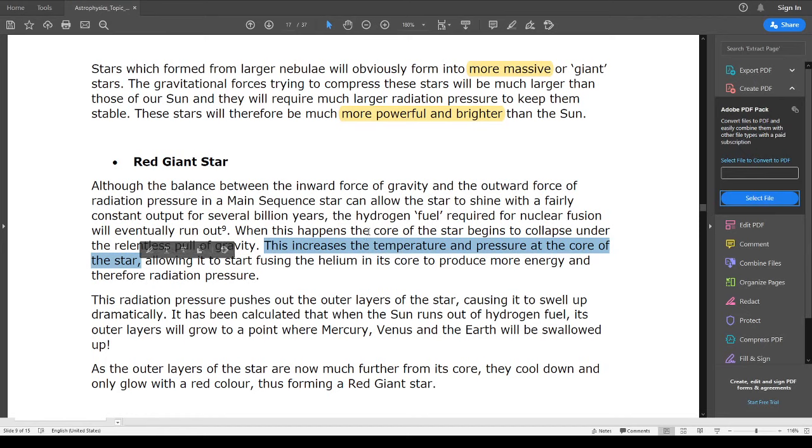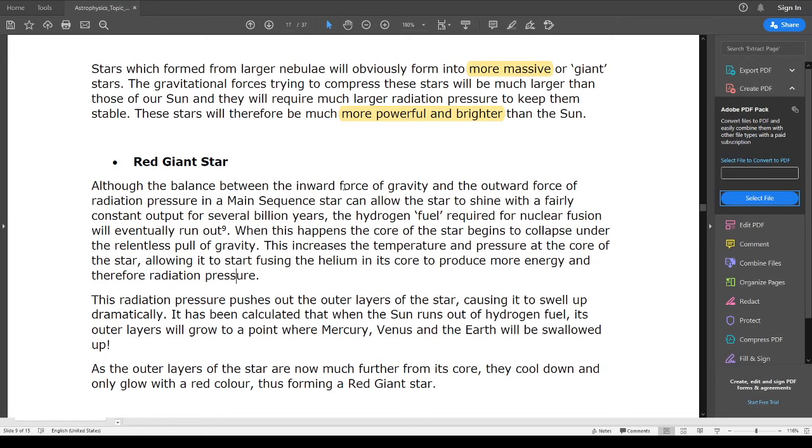Now that the temperature and pressure has increased at the core of the star, what will happen? It allows the star to start fusing the helium in its core to produce more energy and therefore radiation pressure. So what happens now? In a main sequence star, which nuclear fusion reaction was occurring?